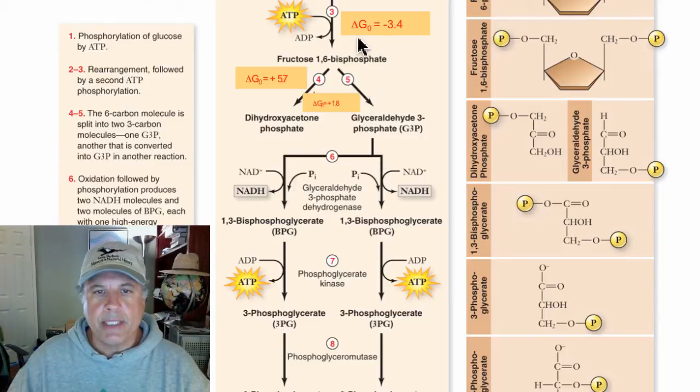Why? Because fructose 1,6-bisphosphate is rapidly produced by the energy investment phase. And so there's a very high concentration of fructose 1,6-bisphosphate.